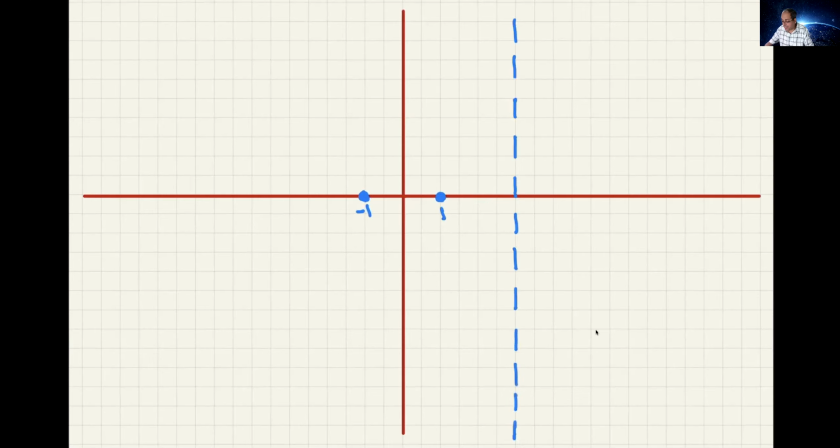Now I have the slant asymptote. My slant asymptote is 2x plus 6. So 2x plus 6. To graph that, I go to 6 here.